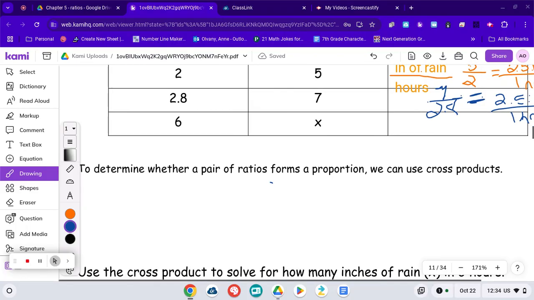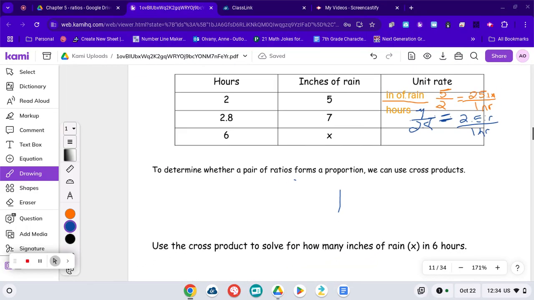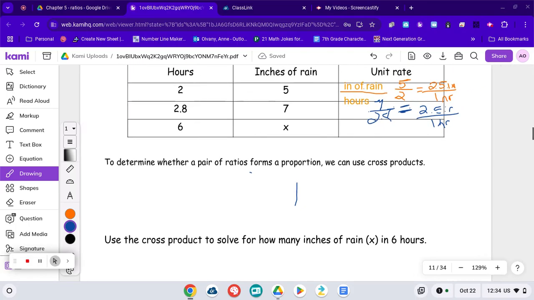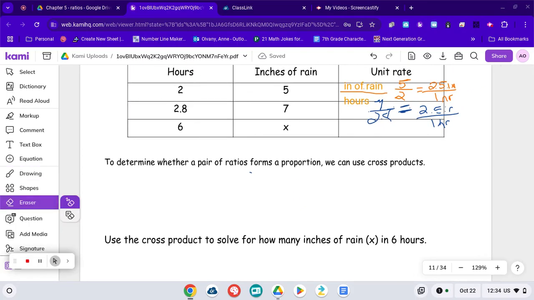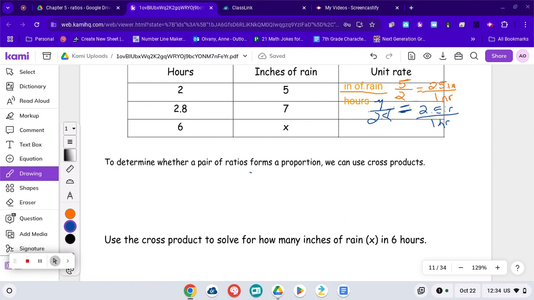Okay, so I'm going to prove this. I'm going to do inches of rain over hours again. So inches over hours. Okay, it's working better with my finger. So 5 inches in 2 hours, we're saying is the same as 7 inches in 2.8 hours.